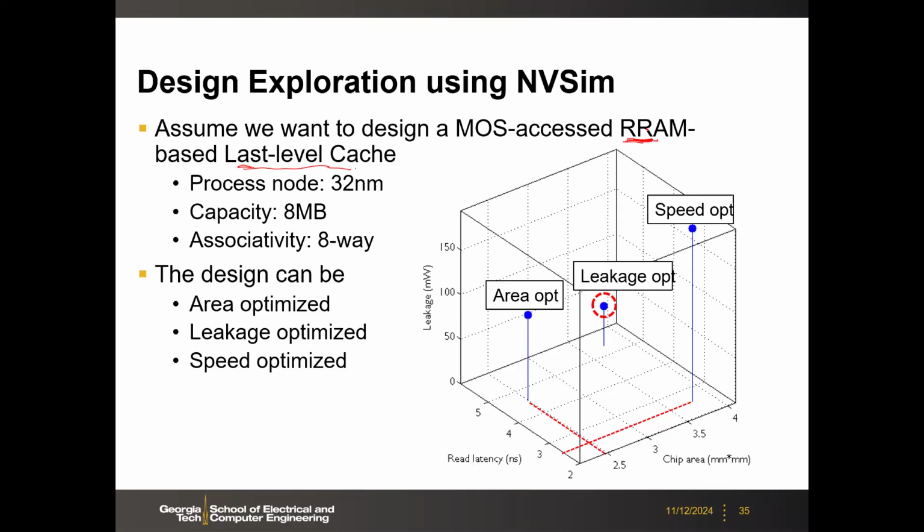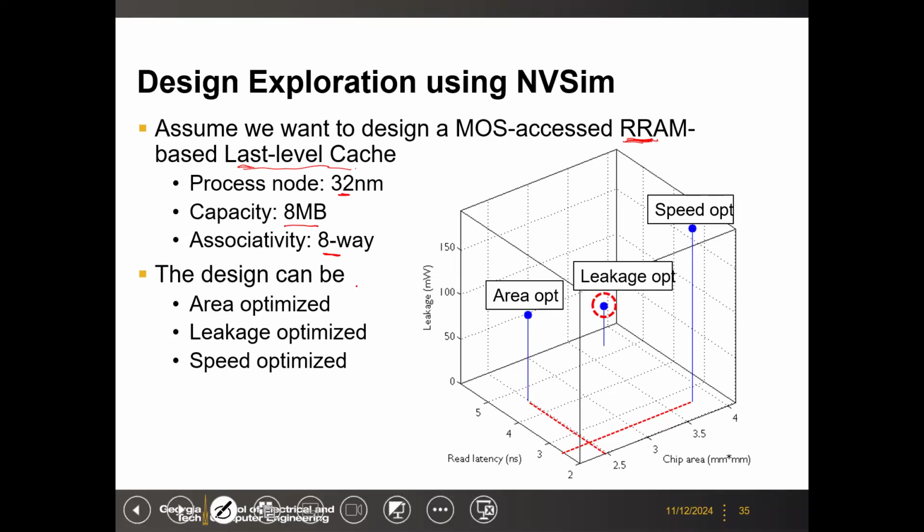But anyway, if this is the task we are going to do, then you can use this tool to evaluate the design options. So here, for example, at that time, we chose the technology node, 32 nanometer. Okay, this was 12, 14 years ago. Let's say our goal is to design an 8 megabyte cache. And then the cache has this associativity, like 8-way, okay?